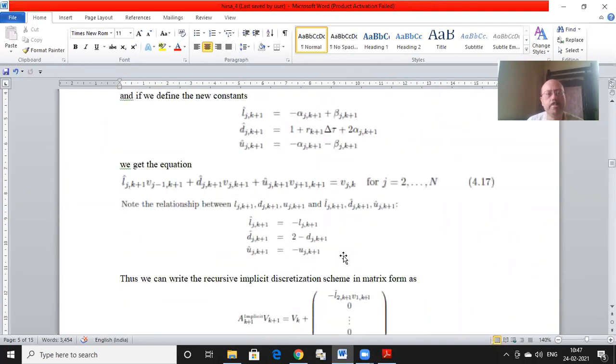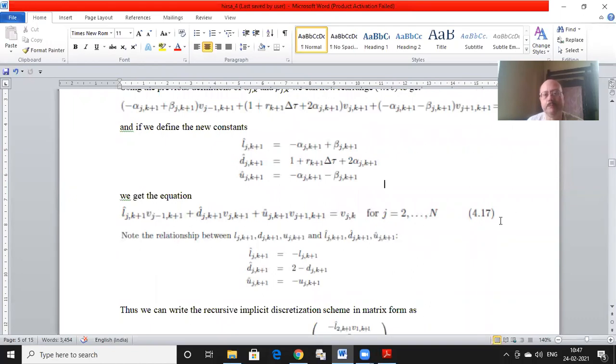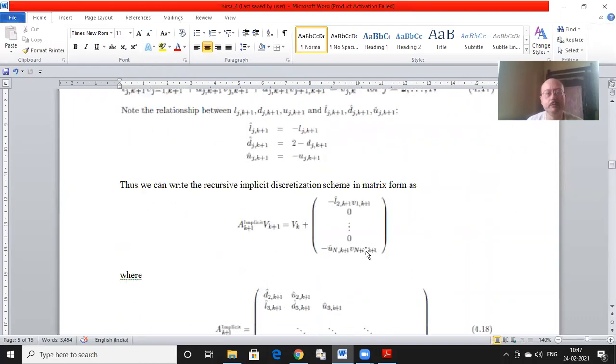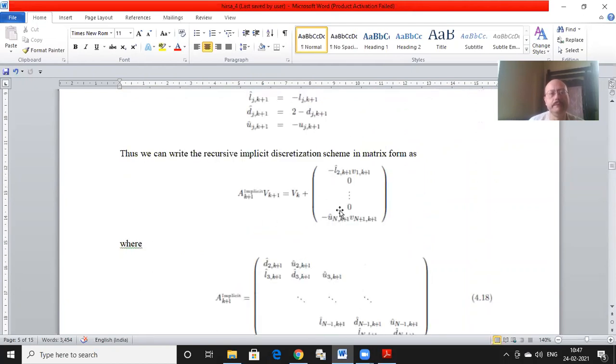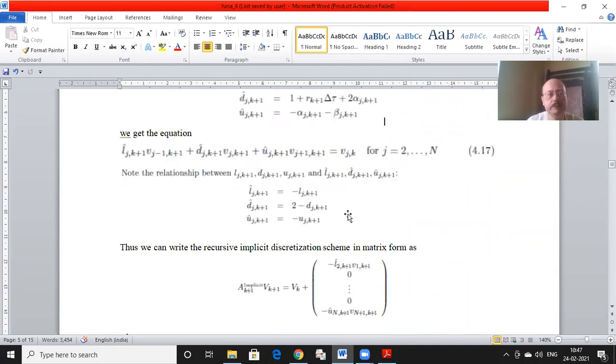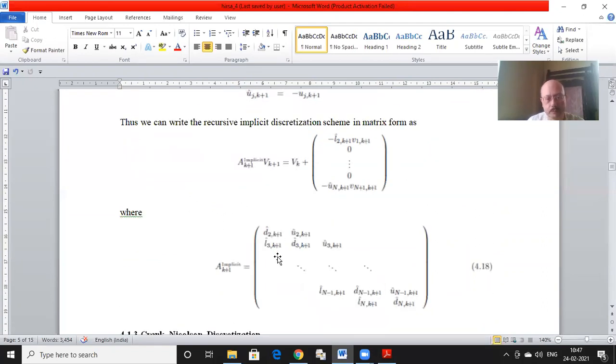So now our implicit scheme, which is 4.17, this system of equations, can be written in a compact manner like this matrix equation: A implicit times V(k plus 1). So this is the left hand side of the equation. A implicit is the matrix of these coefficients. The coefficients I am stacking in A implicit at k plus 1.